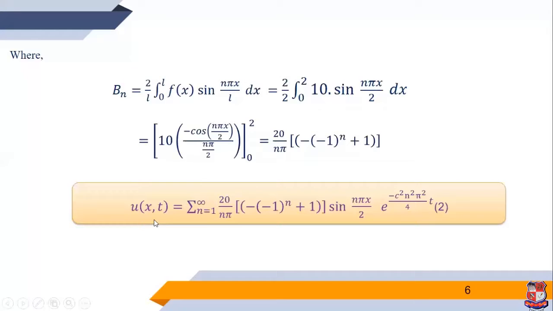The solution is u(x,t) is equal to summation n is 1 to infinity 20 by n pi, 1 minus (minus 1) raised to n, into sin(n pi x by 2) e raised to minus c square n square pi square by 4 into t.